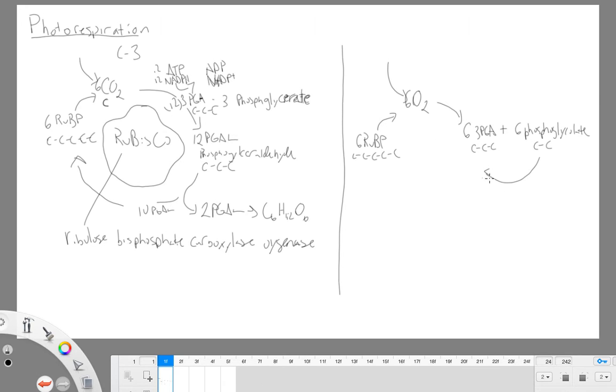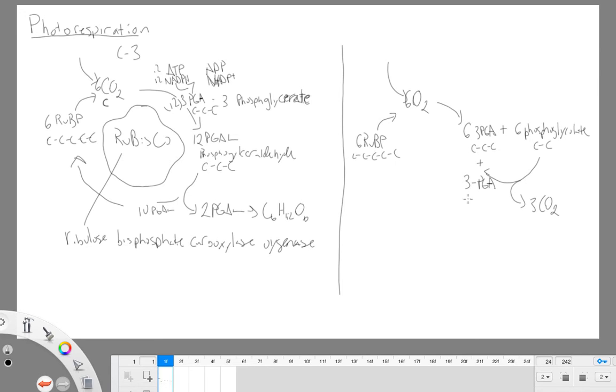So it goes through this whole complex process. We're not going to go into it, but ultimately we're able to get 3 more of these back, which is something. And in this process, we also produce 3 carbon dioxide.